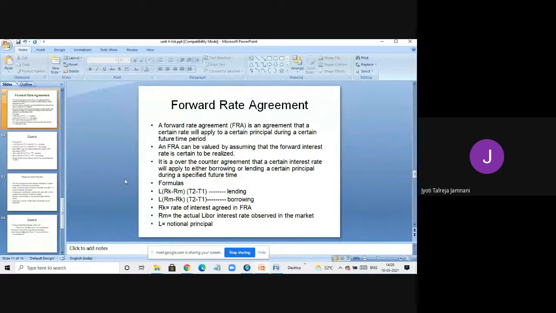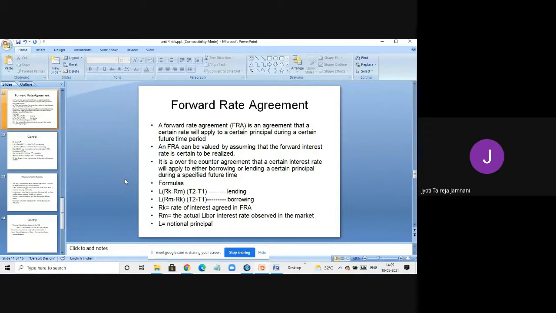Two sums I have done, from the lender's point of view and from the borrower's point of view. RK was the rate of interest agreed in the agreement. So suppose 5% is the agreed interest rate for the loan between me and Pranali. So that was RK, the agreed rate, and RM was the actual market rate. The bank rates keep changing, right? So suppose the actual market rate becomes 6%.